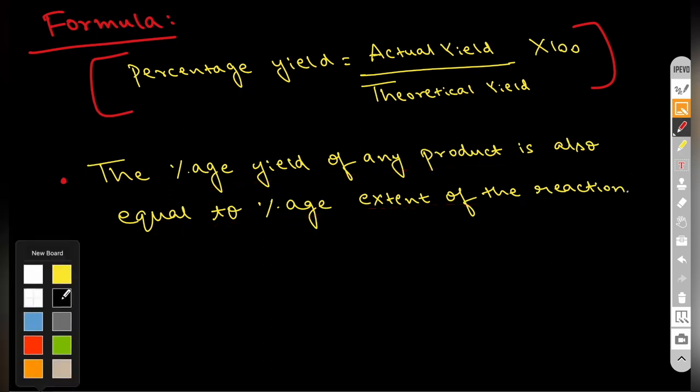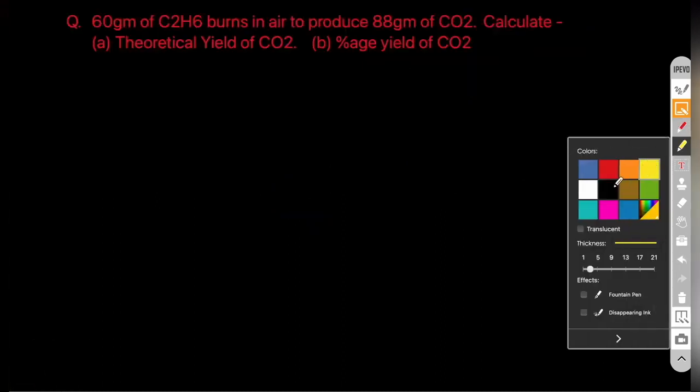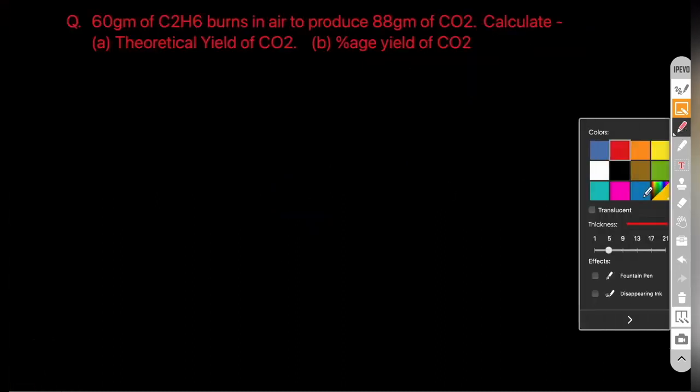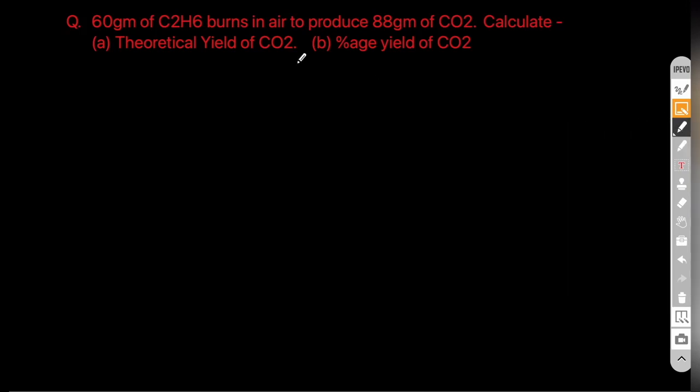Now further we'll solve a problem. Here 60 gram of C2H6 burns in air to produce 88 gram of CO2. Calculate the theoretical yield of CO2 and the percentage yield of CO2. Pause the video and solve by yourself. Now we'll solve it.